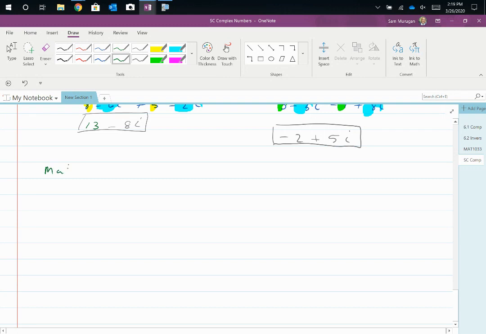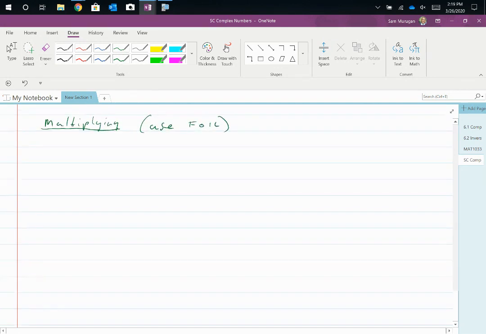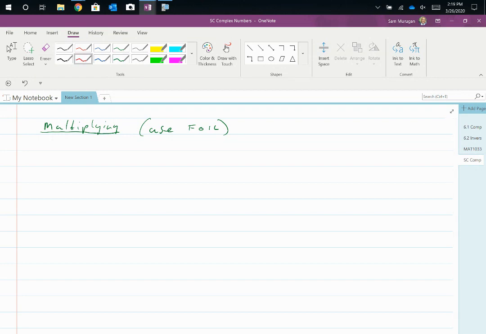Multiplying, so use FOIL. For example, negative 1 minus 3i times 2 plus 2i. So first, negative 1 times 2.